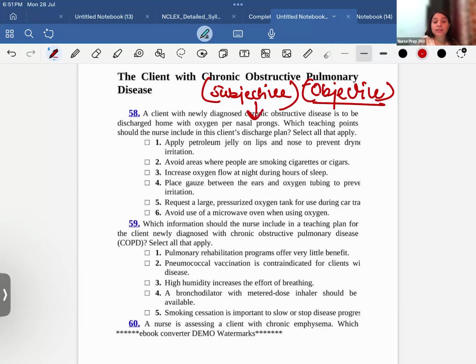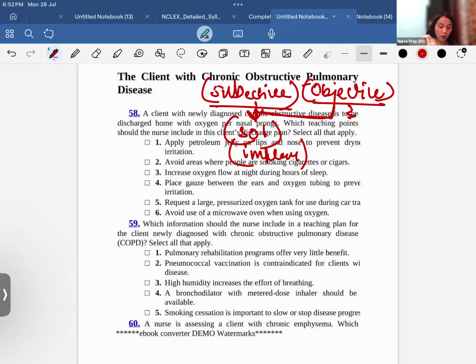Now understand one thing. If the subjective data is given, then you have to think for a solution or some kind of implementation. I'm so sorry.